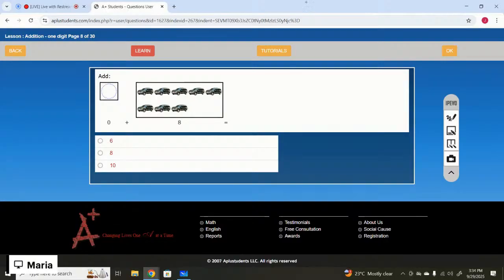Eight plus 0. So when you're adding 0 to any number, the number remains the same. So 8 plus 0 is 8. Option number 2 is the correct option.